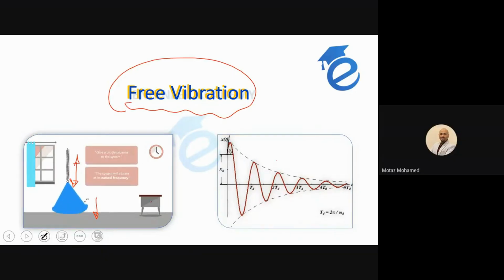You just apply one force and leave it to vibrate. But the most important question in this case: what is the frequency of vibration here? Here the object starts to vibrate under what we call the natural frequency.